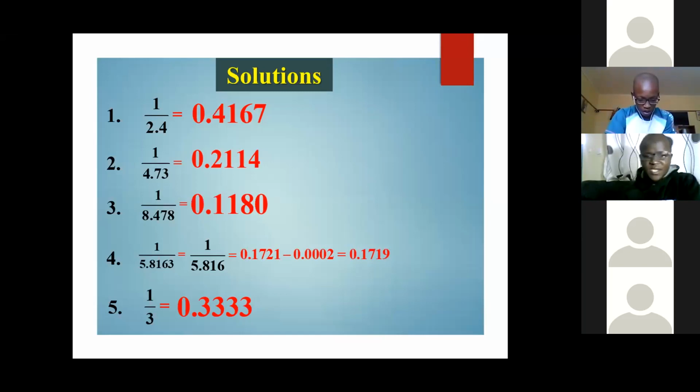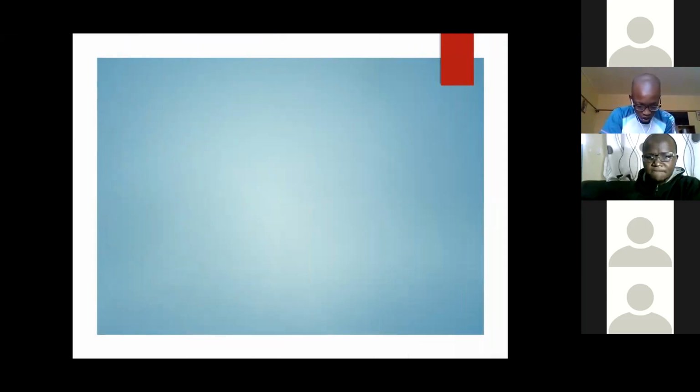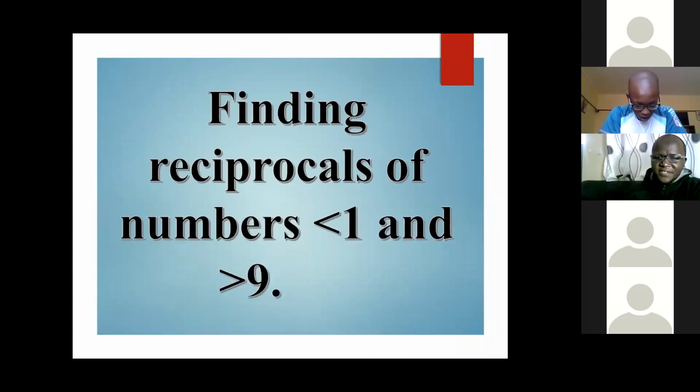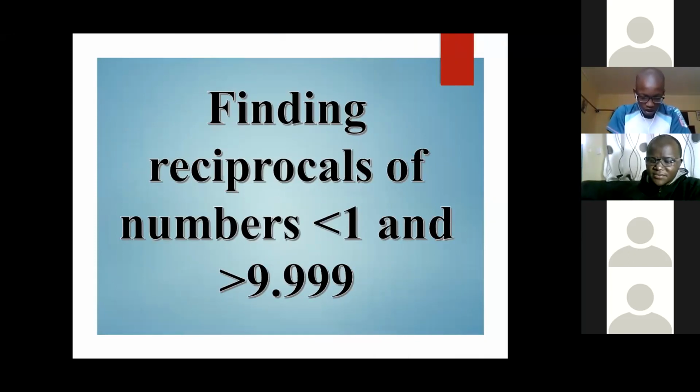Okay, then we can move to the next part, whereby we shall find reciprocals of numbers that are less than 1 and greater than 9.999. Good.